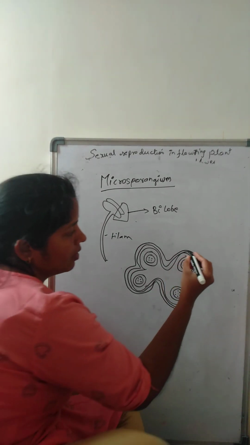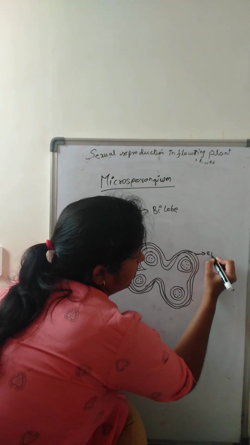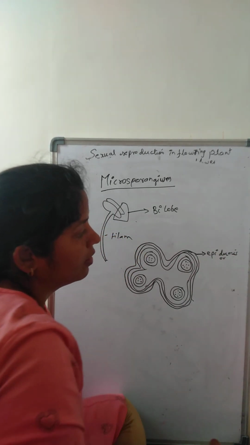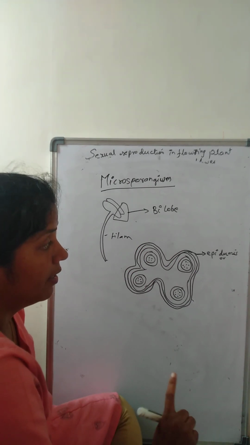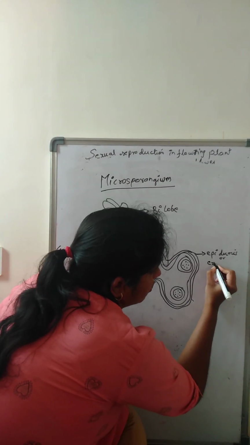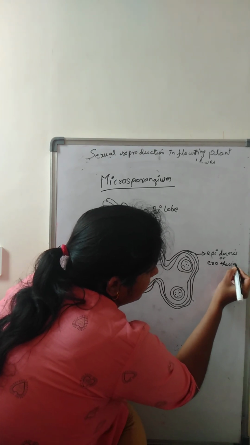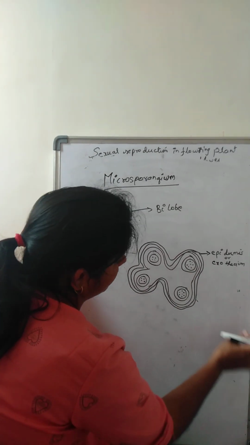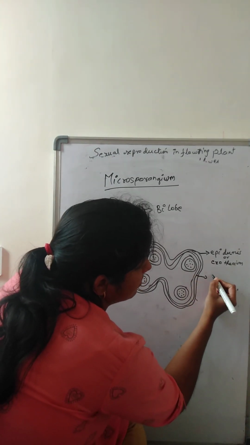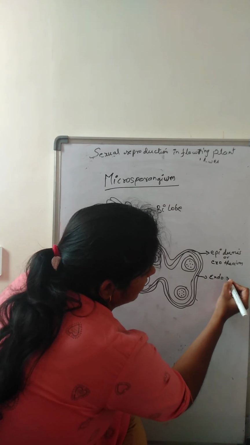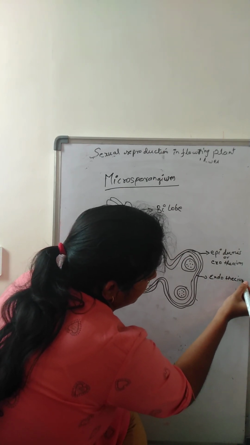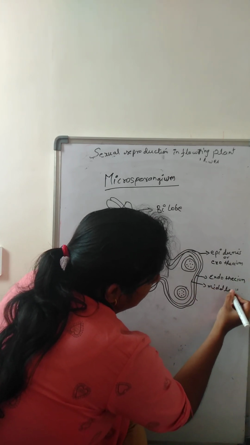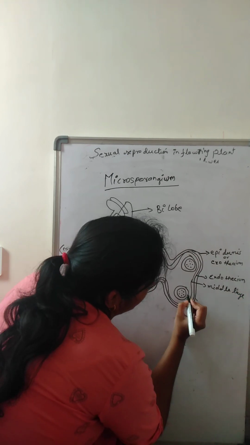Now see. This one is the epidermis or exothecium. The second layer is known as the endothecium. And this will be the middle layer. And this one is the tapetum.